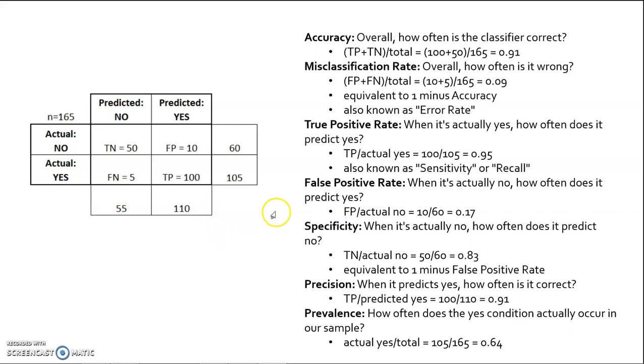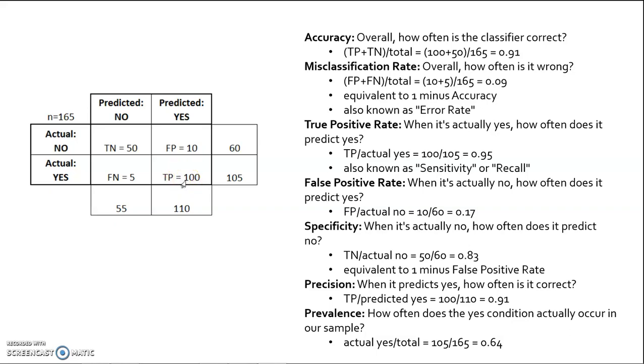So the actual yes here is 105, coming from the false negatives, where we predicted negative but it is actually a positive class, added to true positive, where we predict positive and it is actually positive.